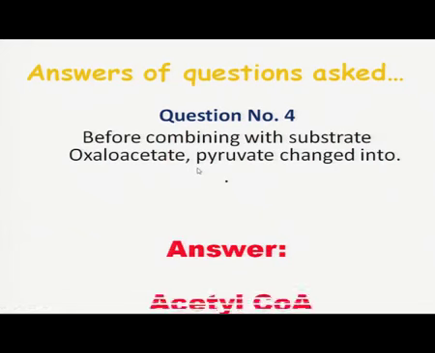The answer is acetyl coenzyme. Pyruvate changes into acetyl coenzyme. Now acetyl coenzyme is able to enter into the mitochondria and combine with oxaloacetic acid, which forms citric acid.